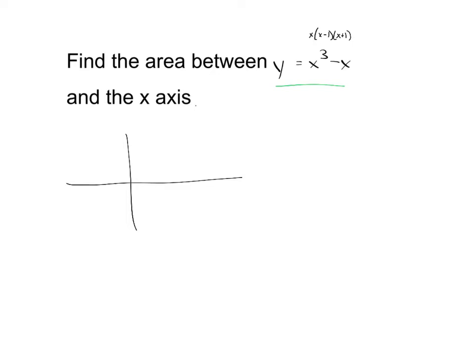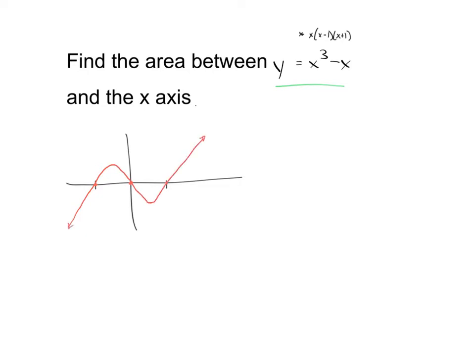The reason I'm throwing that up there is that this graph has points of intersection with the x-axis at -1, +1, and 0. And then when you draw the graph in here, the rest of the curve looks a little bit like that.